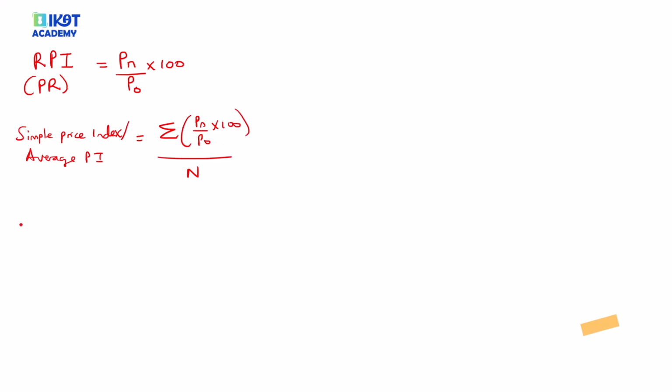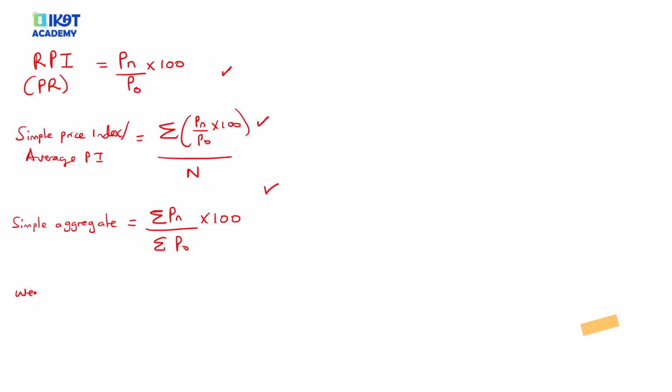From this we go to simple aggregate price index. Simple aggregate, every time you see aggregate, just know you're going to have sums. So it's going to be the sum of all the prices of the current year out of the sum of all the prices of the base year times 100. So these are already three formulas that have already come.